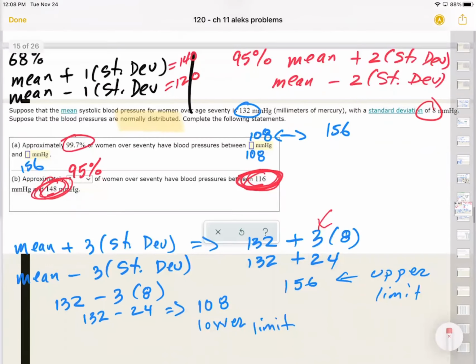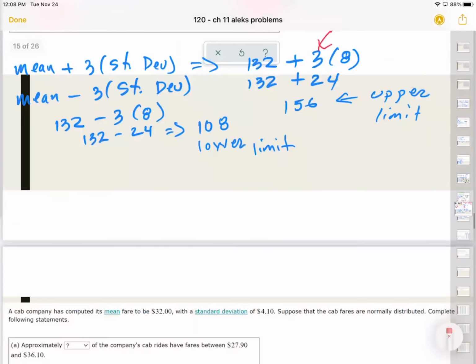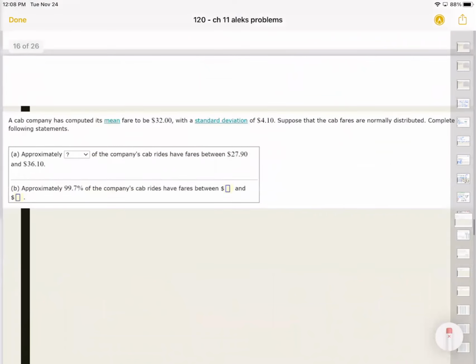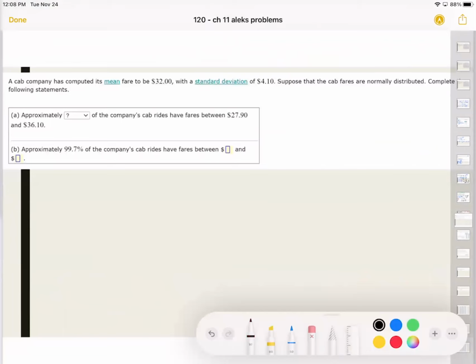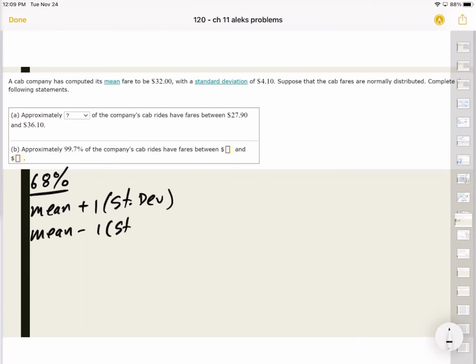And let's try one more, right? This one here, similar to that. So if for instance you say, I don't know what they asked me, let me do all 3 of them. Let me do the 68. And again, the 68%, reminder, is the mean plus 1 times the standard deviation, the mean minus 1 times the standard deviation.